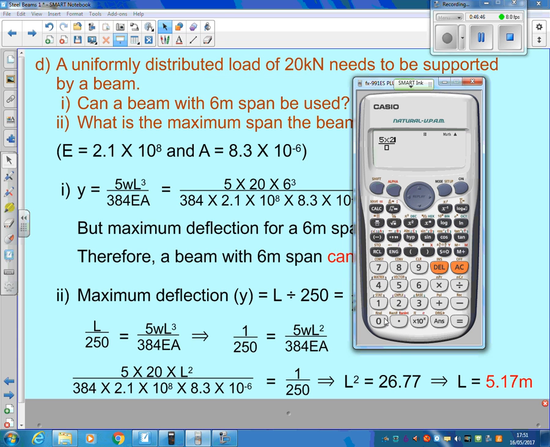I could have used 5 times 20 times, instead of my L squared, I'm going to put X, over 384 times 2.1 times 10 to the power of 8, times 8.3 times 10 to the minus 6.